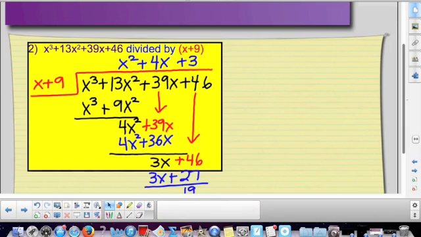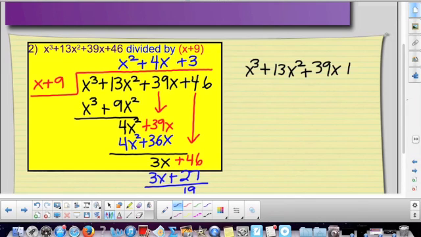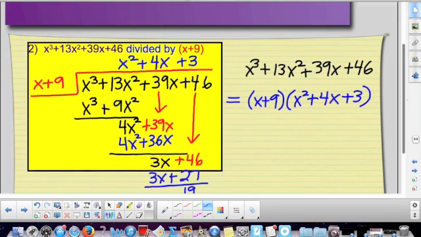So if I want to write out my solution, x cubed plus 13x squared plus 39x plus 46 is going to be equal to x plus 9 times x squared plus 4x plus 3. Can anyone tell me how to break up my quotient?